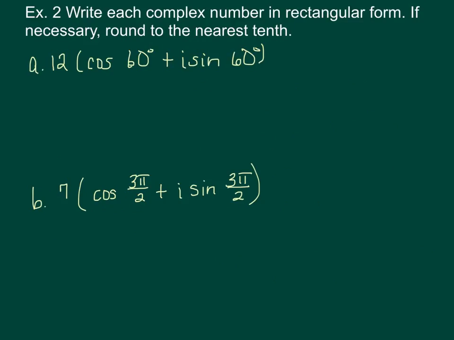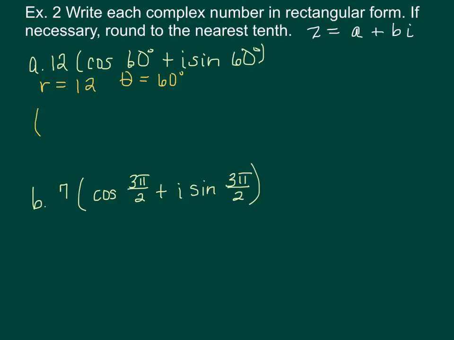Okay, example 2, now we're going to write the complex number or polar number in rectangular form. So now we're going to this form, z equals a plus bi. Okay, for example A, we're given that r is 12 and theta is 60 degrees. So what we're going to do is find the exact value of cosine of 60 and sine of 60.